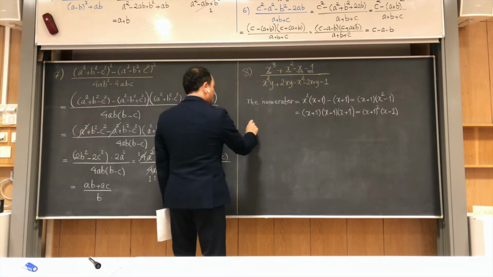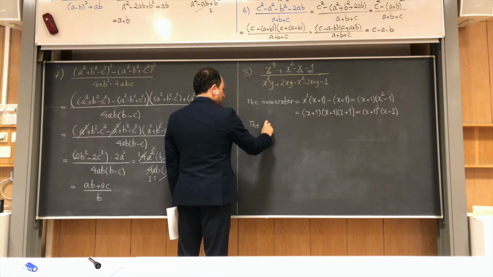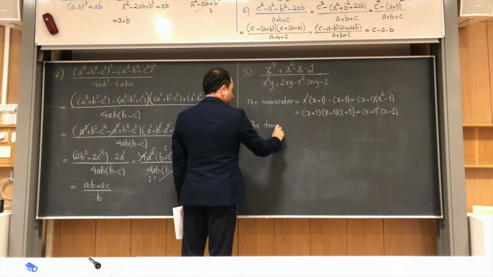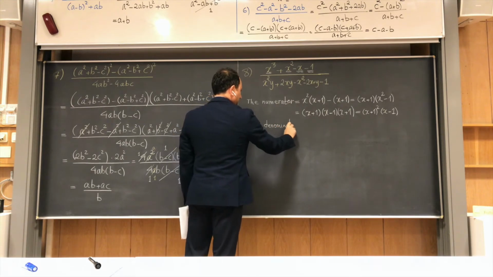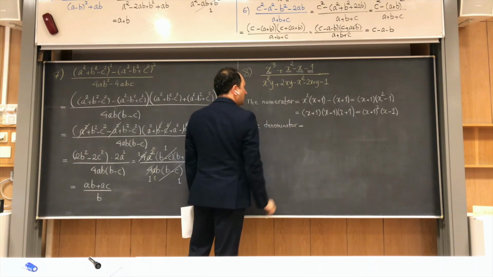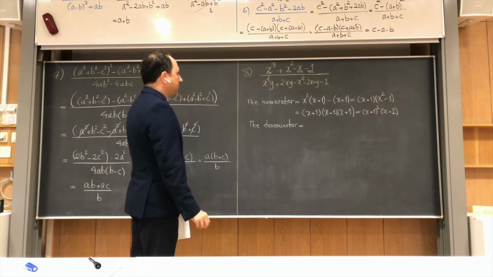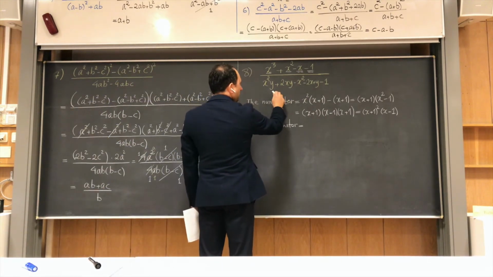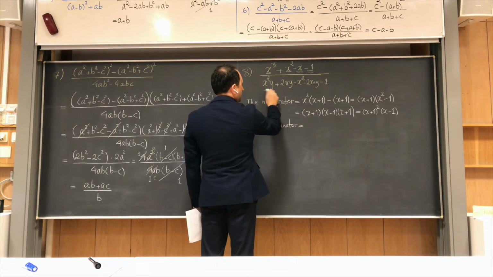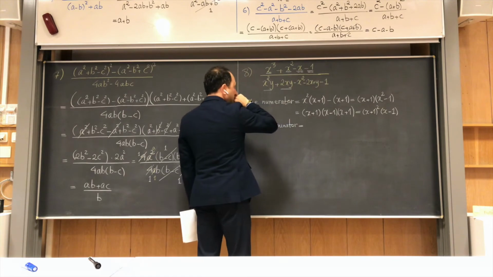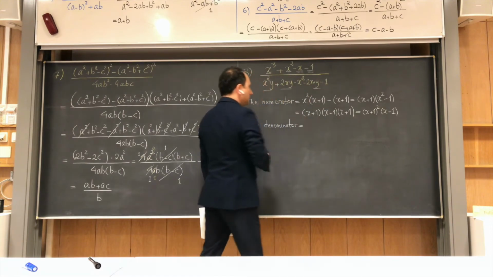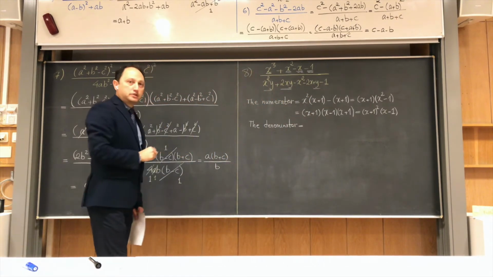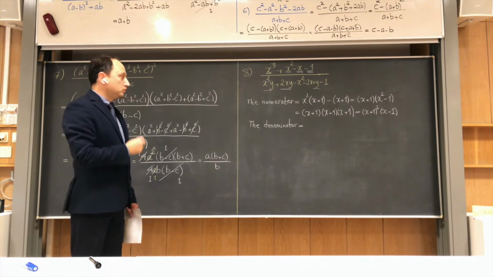For the denominator, so what should I do for the denominator? Can you see that? I don't think it's that hard. You see, if I take this one and this one and the last one, all of them contain a factor of y. I can pull it out.